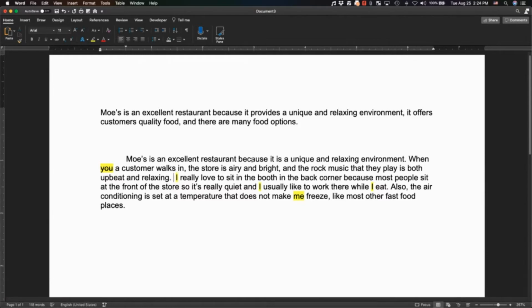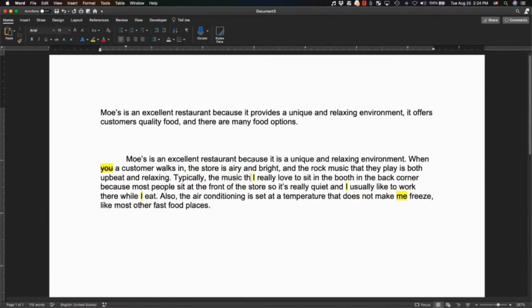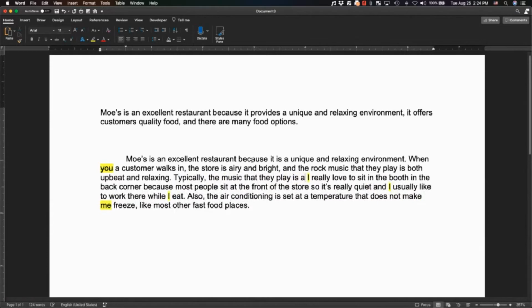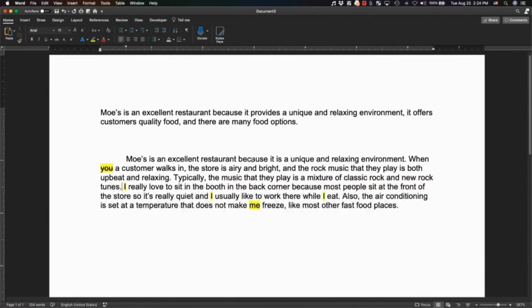And provide another example by saying, typically the music that they play is a mixture of classic rock and new rock tunes. Boom. So you have a little bit more specificity there.